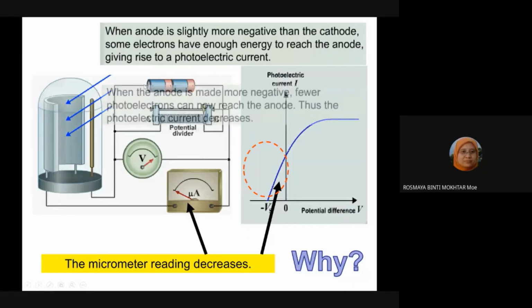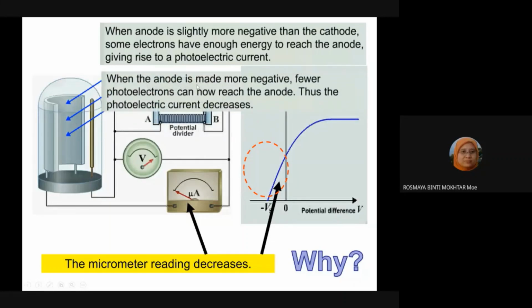When we increase the voltage further, the anode becomes more and more negative, so fewer photoelectrons can reach the anode. Therefore, the photoelectric current decreases. We know the emitted electron is negatively charged and the anode is negatively charged, so they repel.